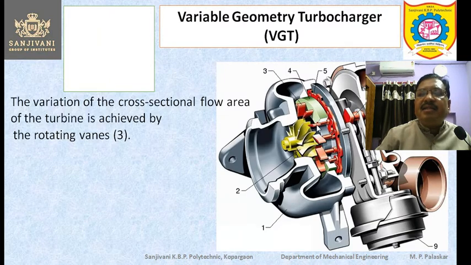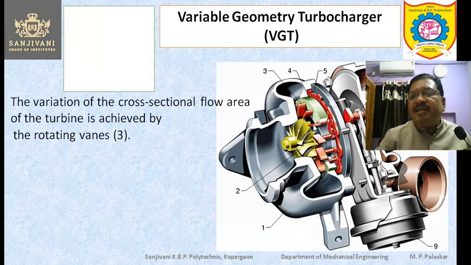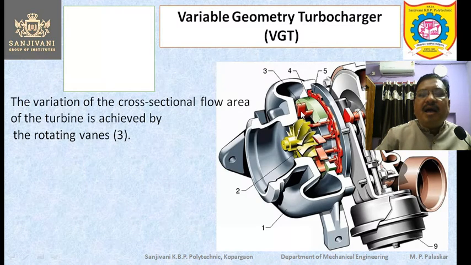Rotating in the sense these vanes are present in between the turbine casing and the turbine blades. So these are the turbine blades, yellow colored, these maroon colored are the rotating vanes, and this is the casing.